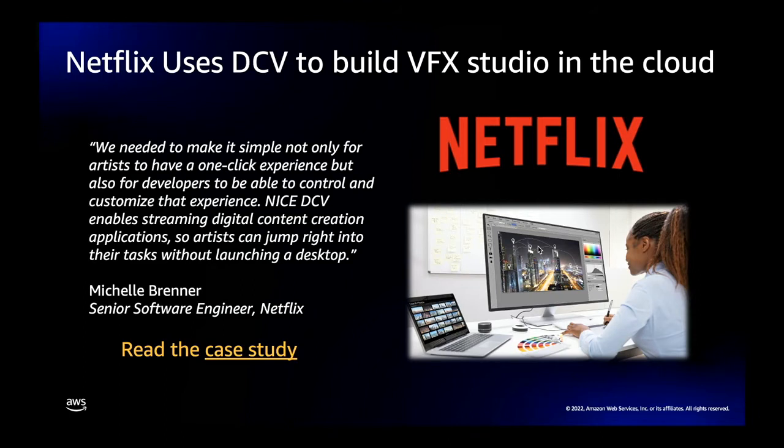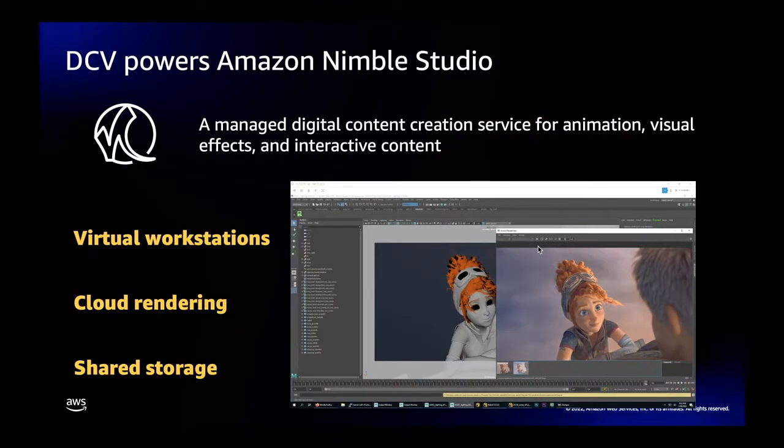Last year, we published a case study with Netflix. They have used DCV to build their visual effects studio in the cloud solution, so it's an interesting case study to read. And lastly, just a brief mention of Amazon Nimble Studio, which is a managed digital content creation service on AWS using DCV as a building block.